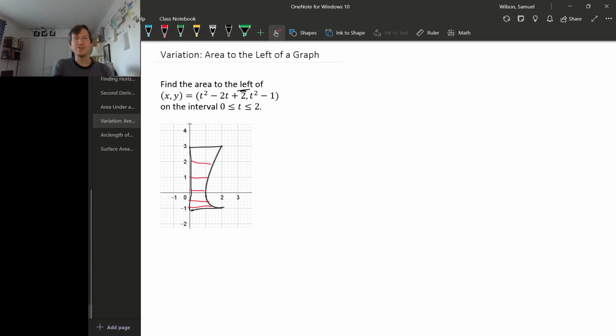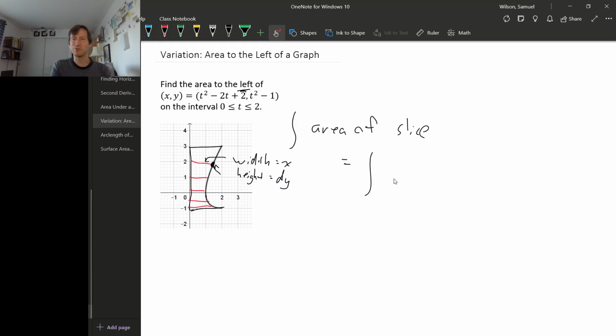So all we need to do is add up, integrate the area of each slice. So what is the area of a slice? Well, the width of a slice is just the x-coordinate of this point here. So the width is x, and the height of a slice, well, a slice is infinitely short, so the height is just dy.